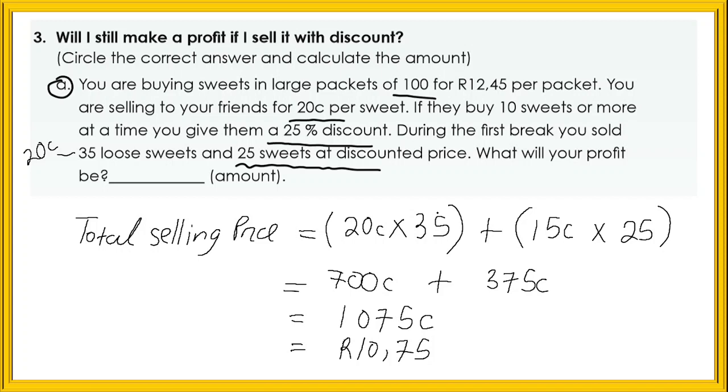I guess if you want, in reality, you can sell them at normal price. But maybe because you're selling your sweets to your friends and you really like your friends, you decide to sell them at a discount. No, they must pay full price. I don't think you're my best friend. You pay full price.